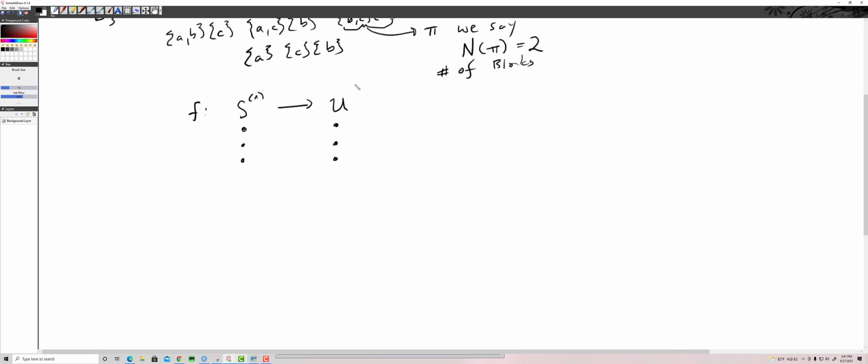Let's say there's n things here and there's u things here, and what I'm setting out to do is find the number of functions from s to u, and you denote it like this. Of course there's u things over here, and each one of these things can go to any of those u things. So you wind up having u times u times u, n times.